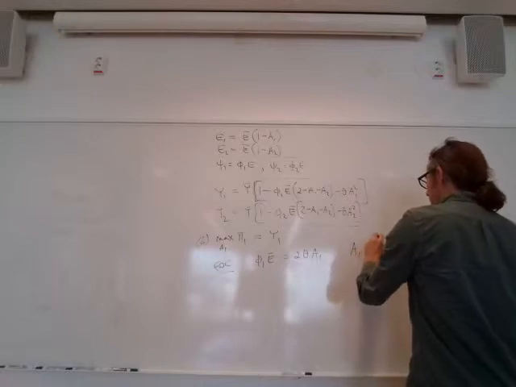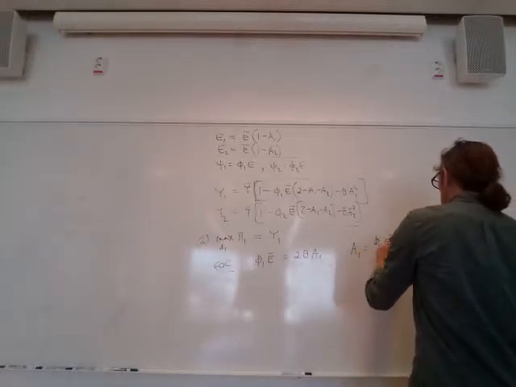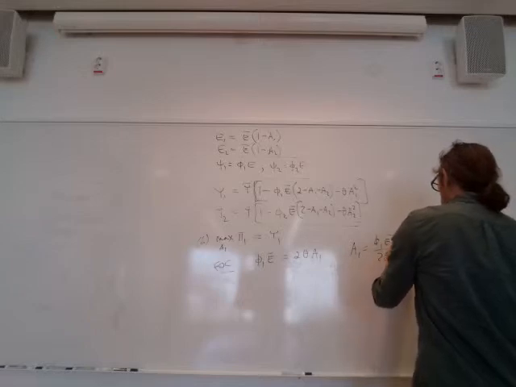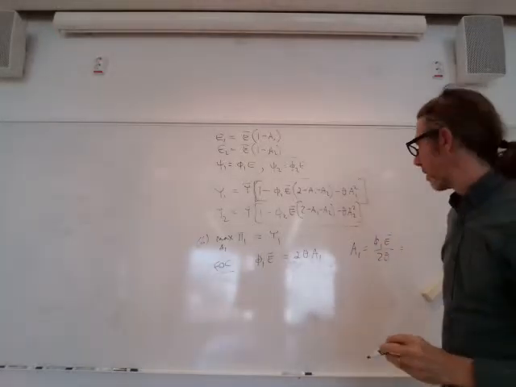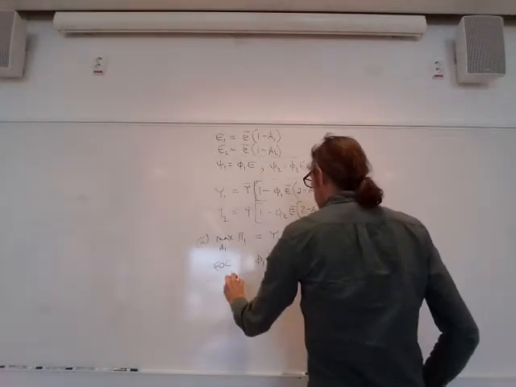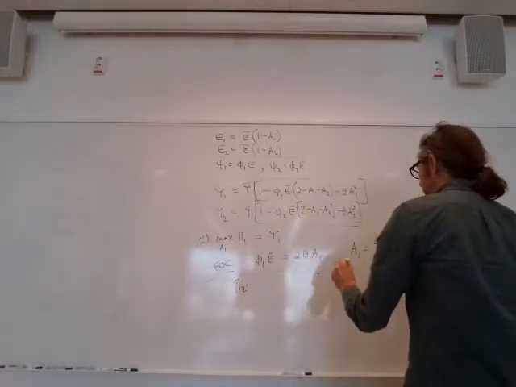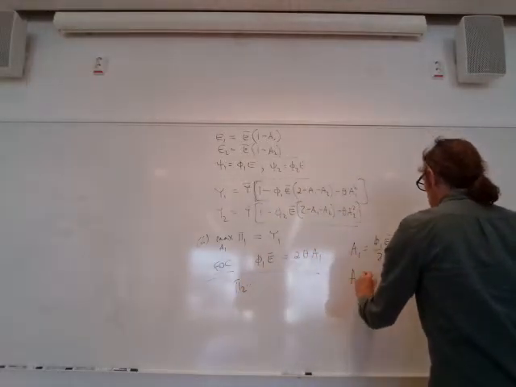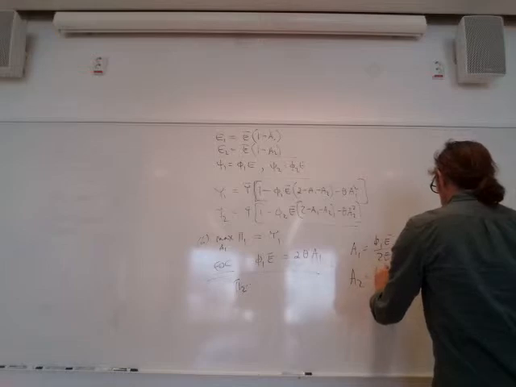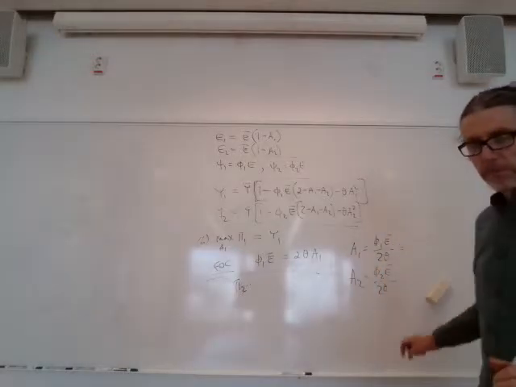So a1 is phi 1 e bar over 2 theta. And similarly, in the other case, for pi 2, by symmetry we're going to get A2 is phi 2 e bar over 2 theta, aren't we?